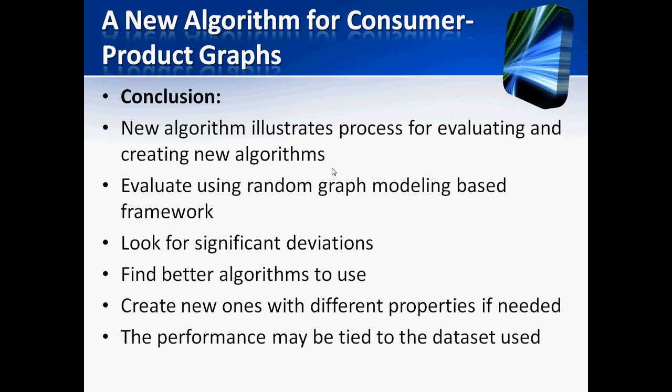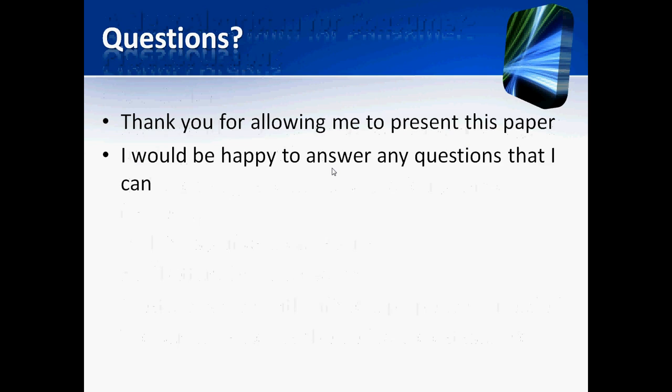So it's a good model to be used to analyze the data sets and to generate new ones possibly. The performance might be tied to the data set that's used. In other words, if you try it with another data set, it may not work.